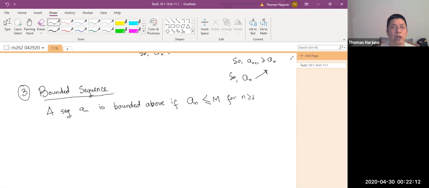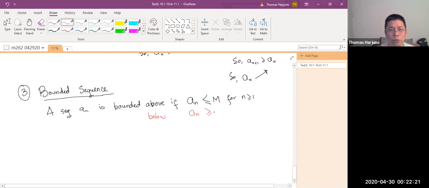And of course, we can change that term to bounded below if a sub n is greater equals to m for n greater equals to 1.